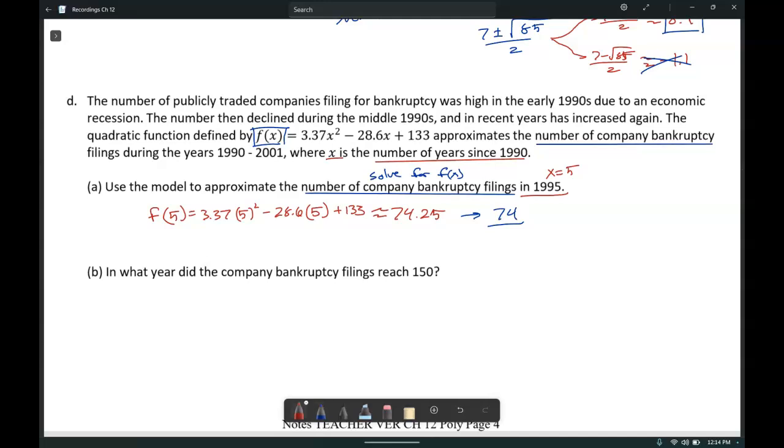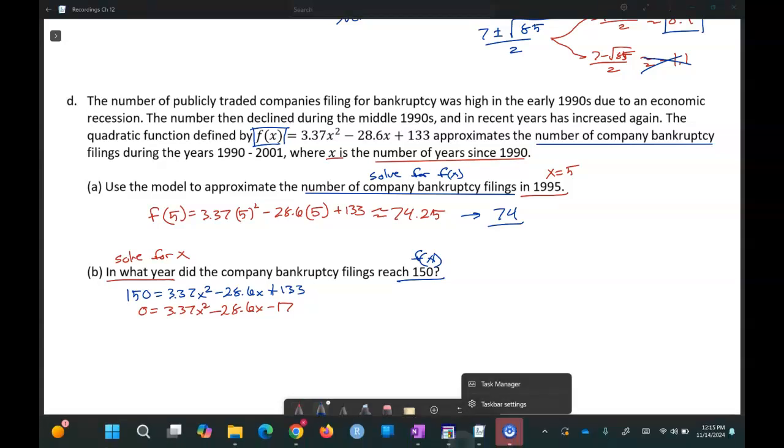Here, we want to solve for the year, for x, which means that 150 is the value of f of x. So we set our equation equal to 150, standard form, and then because we have decimals, we're going to need to use our quadratic formula.